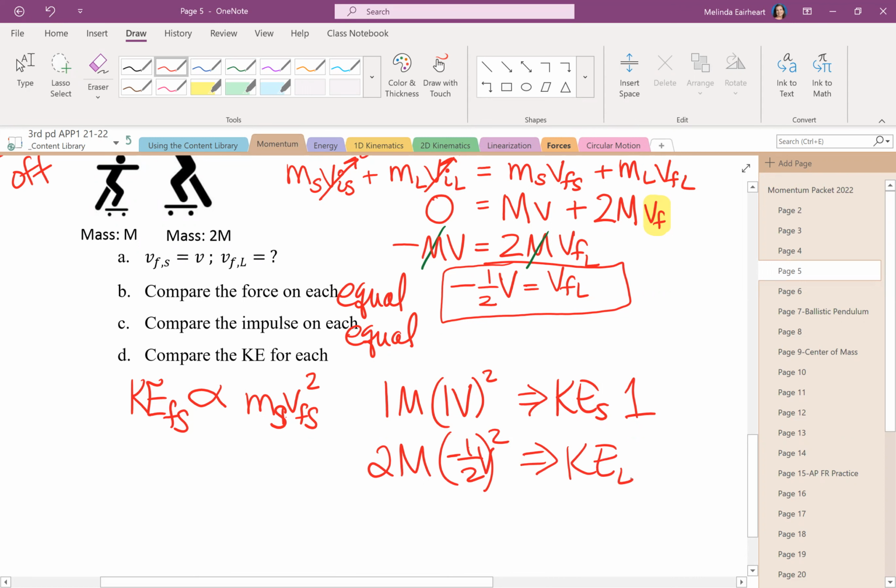It's not just 2 times 1/2, it's 1/2 squared, which is 1/4, and so 2 times 1/4 is 0.5 or 1/2. So who has more kinetic energy after the push off? It's right here on the screen. Who has more kinetic energy? Who has a bigger factor? The small, okay? The small.